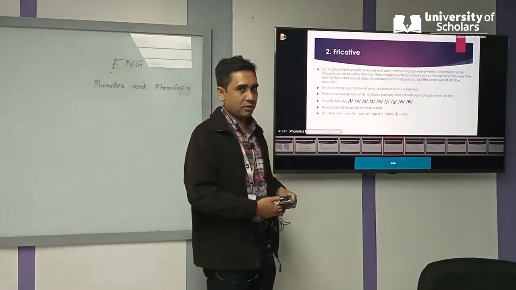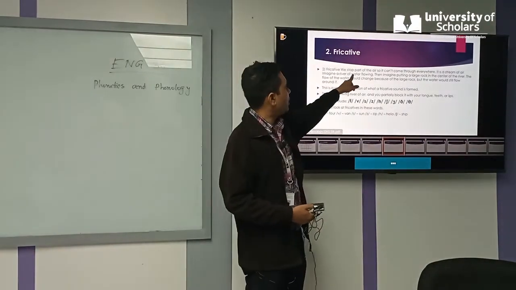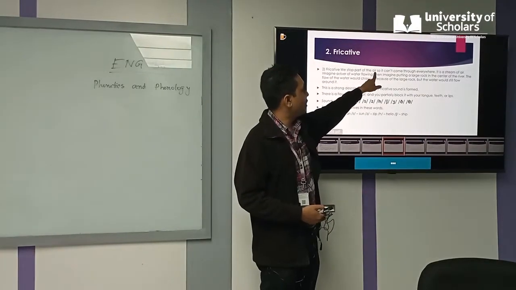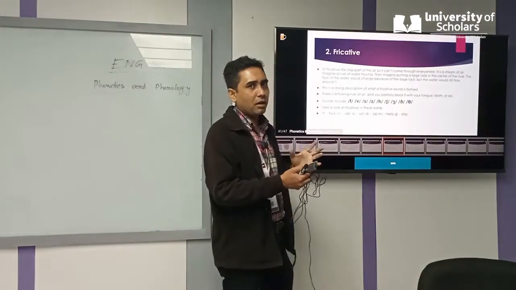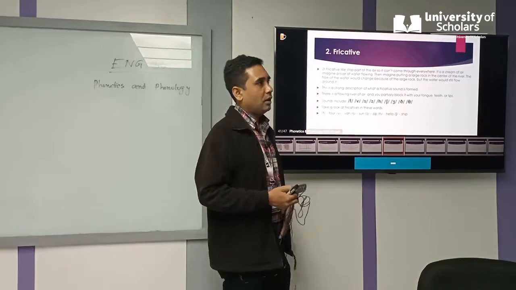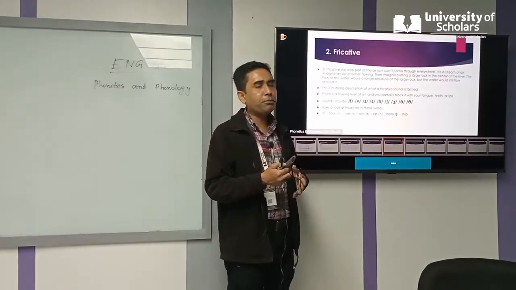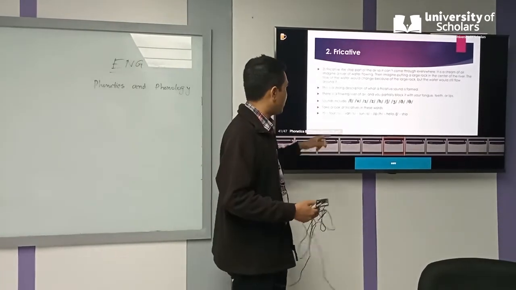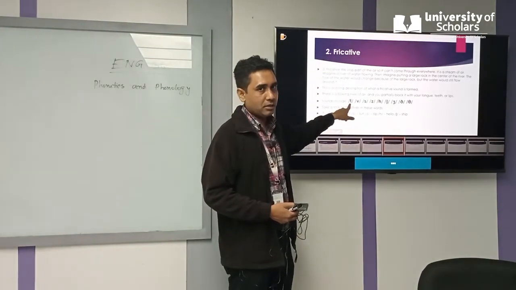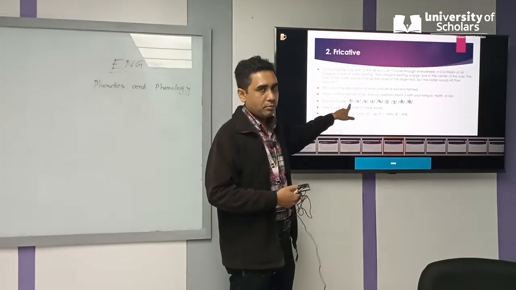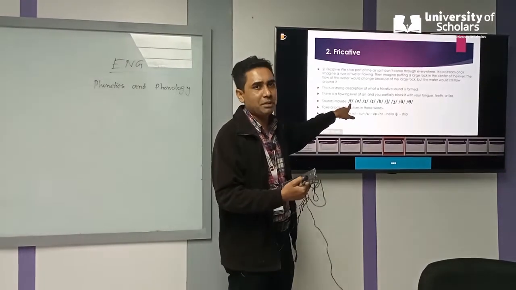Okay, fricatives. In fricatives, we stop part of the air, so it can't come through everywhere. Part of the air is blocked. Mainly these are friction type sounds. Just look at the examples. F, that means not fully blocked, partially blocked, and friction is made.